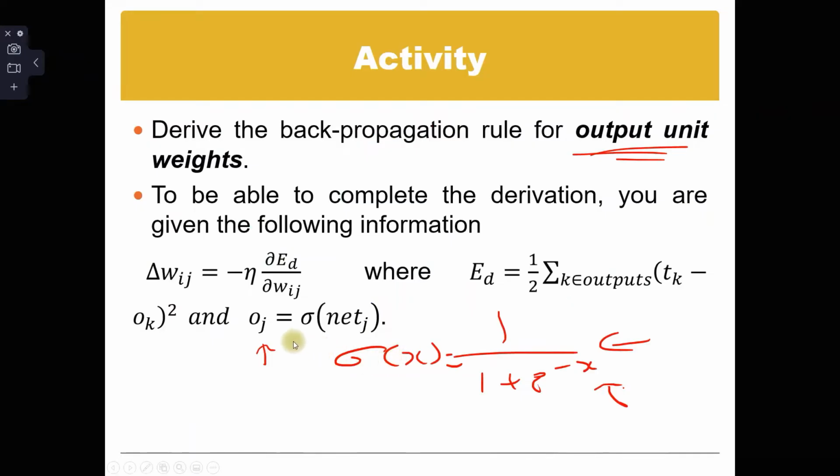So here we are not putting it as z, but we are talking about oj equal to sigma net j. Net j in our particular example is going to be net z. All right. So I repeat, it could be that you have more than one output node. For our particular case, we have one, but you may have more than one output node.